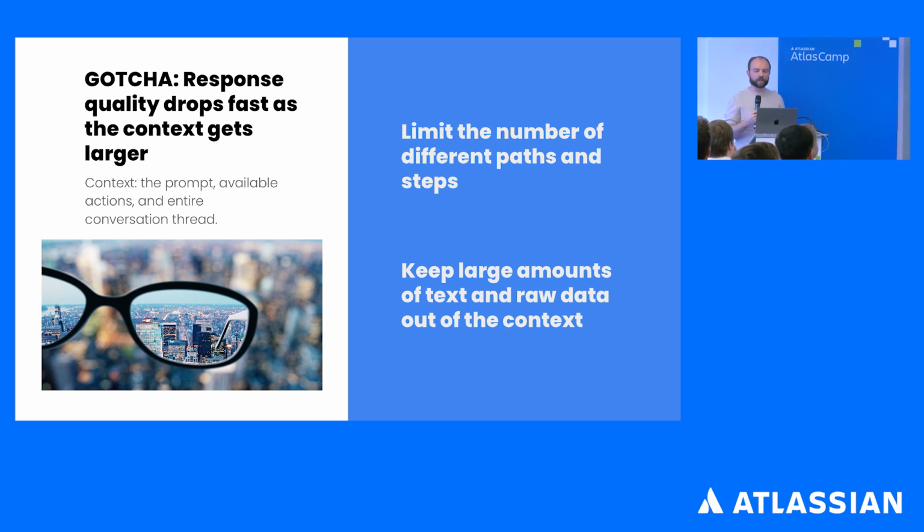And then the second thing was keep large amounts of text and raw data out of the context. So initially what I was doing was taking the synthesized insights and opportunities and putting them directly into the Rovo chat on the side. As you can imagine, that's a large amount of text, and it's not really relevant to what the agent needs to do.